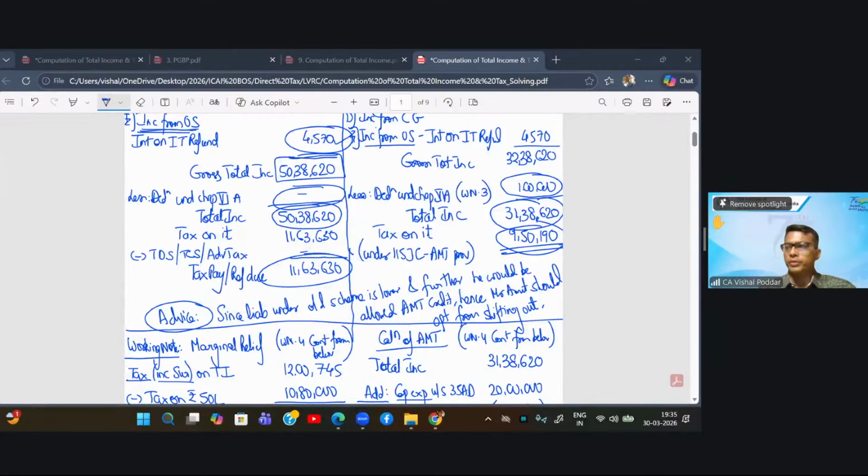Okay, students, I hope this is clear, this is understood. Anybody having any questions on this? This was quite detailed and elaborate, covering AMT and everything, correct? Yes, Aditya. Sir, in AMT, my amount is 9,50,191.